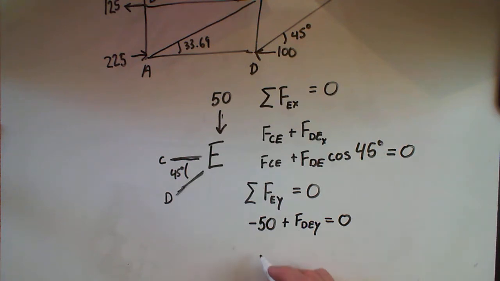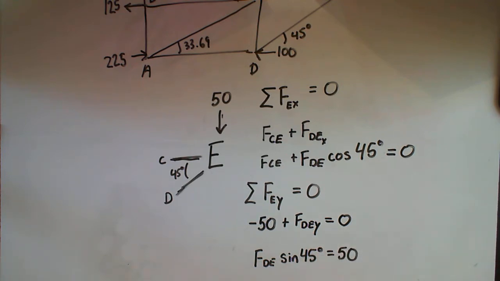F of DEY is the overall force at DE, which is what we are trying to solve for, multiplied, since we are now talking about y, we multiply that by the sine of the angle at which that force is being applied, which in this case is 45. I'm going to take that 50 and move it to the other side.